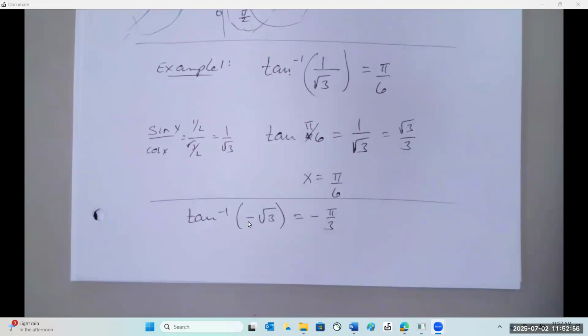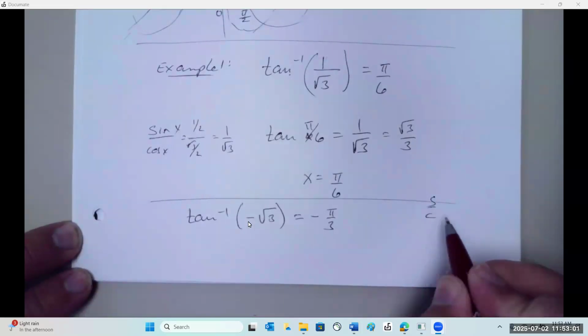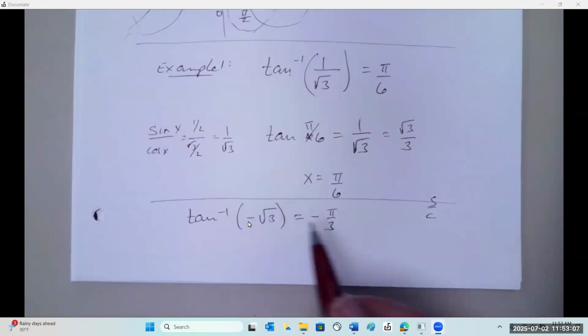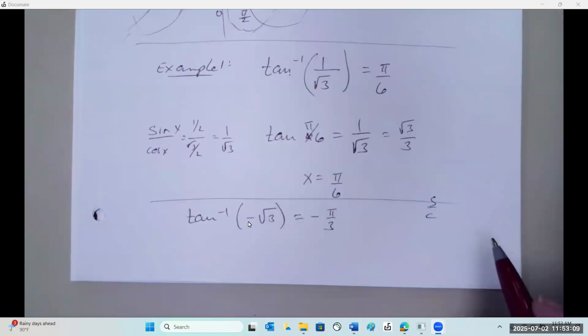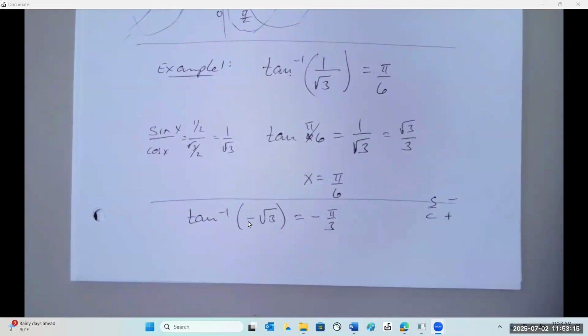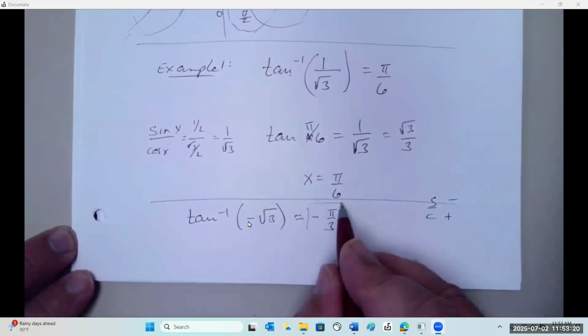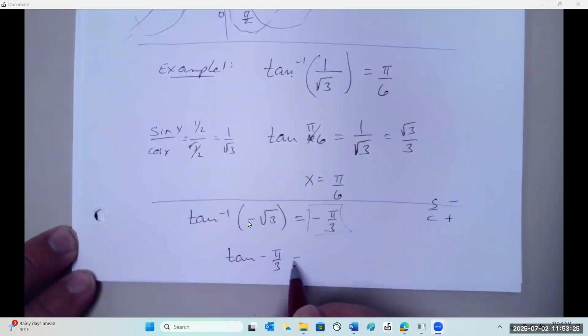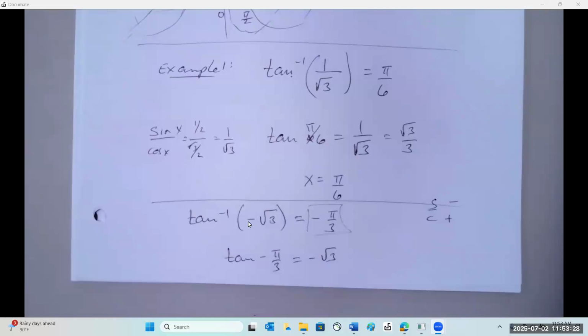Because tangent is made up of sine over cosine. In order for this to be negative, we're in which quadrant now? Fourth. So in the fourth quadrant, cosine's positive, sine's negative. So it would equal negative pi over 3. So the tangent of negative pi over 3 is negative radical 3. You have to understand how those connections work.